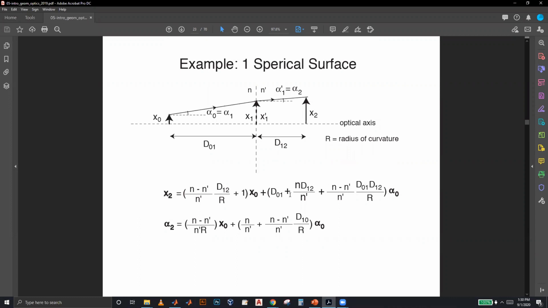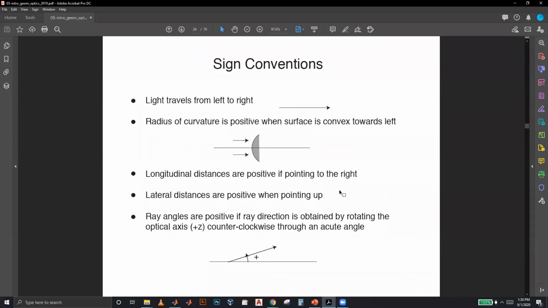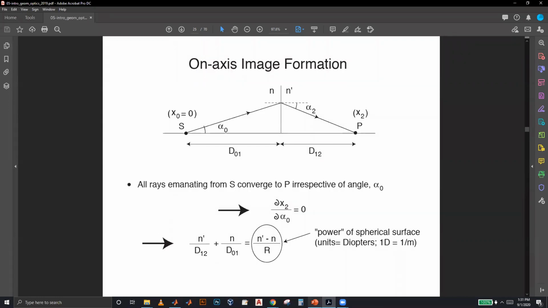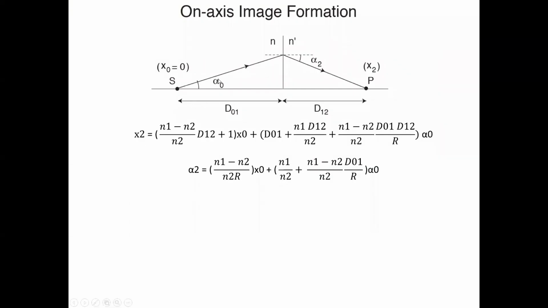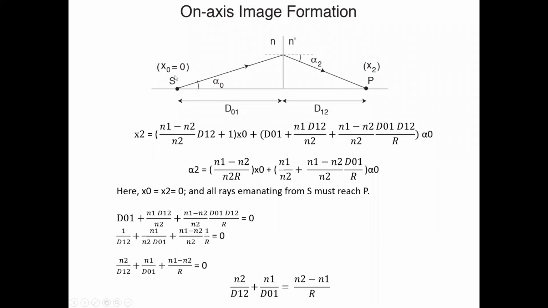If we set this term to 0 and solve the equation, we basically get this. I've done that here as well, so you can follow the math. I've reproduced the drawing and written my equations: x0 equals x2 equals 0, and all rays must reach P, which means the second term in the first equation can be set to 0. Then I've done some simple math, multiplying by n1, n2, d1, d01, d02, and so on, and simplified the equation to get this.